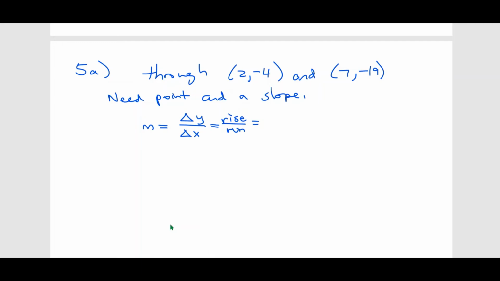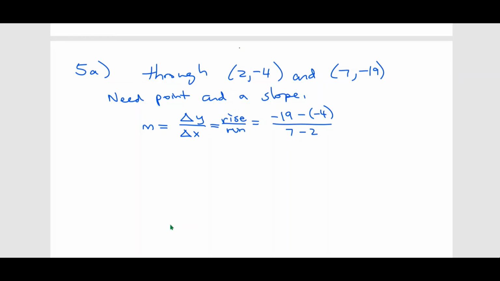The difference between the y's is, if I use the first point as first and the second point as second, then the difference is the second point minus the first. So that's the difference in the y's. And the difference in the x's is 7 minus 2. So to find the difference, you just subtract them.